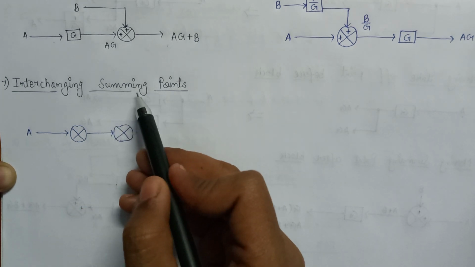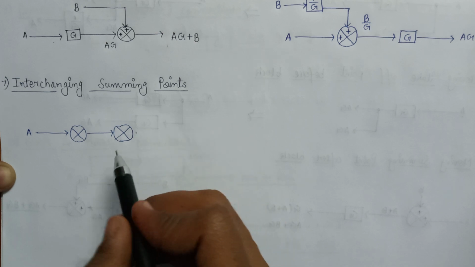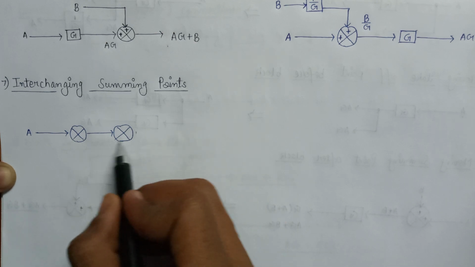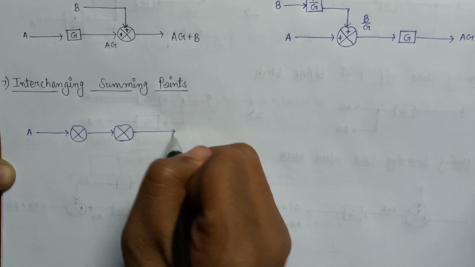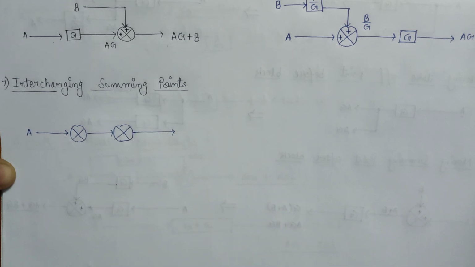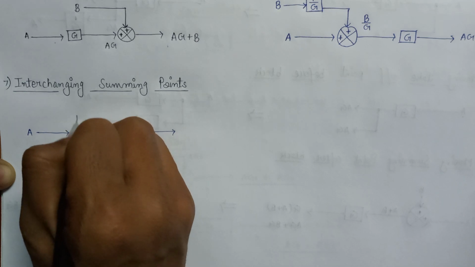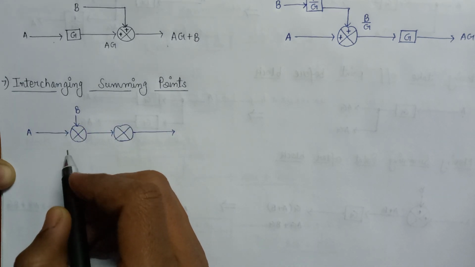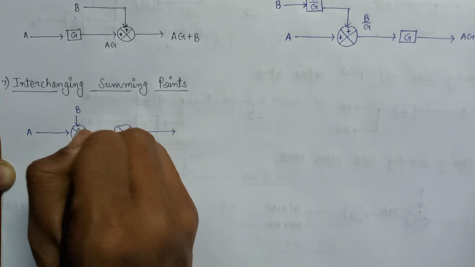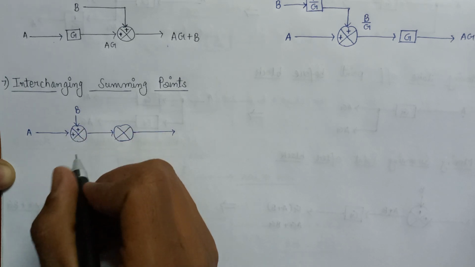This rule is only applicable if there are two conjugate summing points. And here is the overall output. Here is another input, that is B, which is applied to the first summing point with positive polarity.